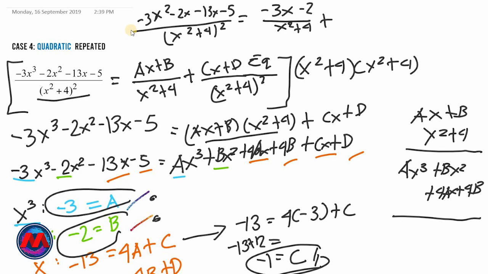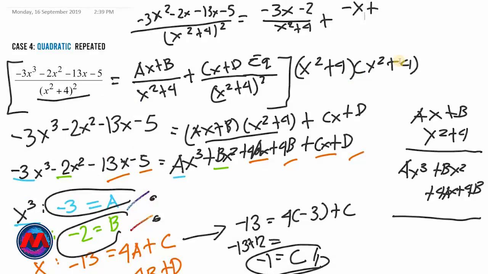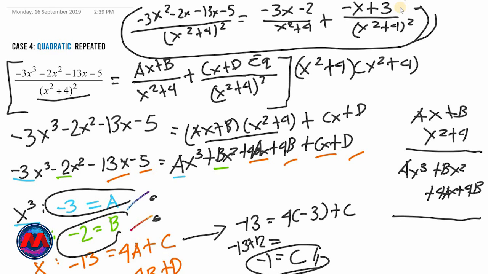Plus, value ng c natin is negative 1. So, that's negative x plus, ang value ng d natin is 3. So, plus 3 over x squared plus 4 squared, guys. So, ito na po yung final answer natin. Tadaan! That's our final answer, guys.